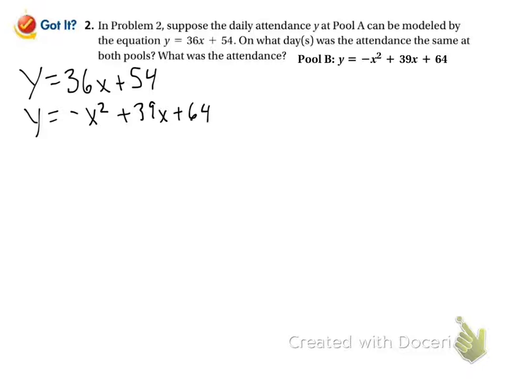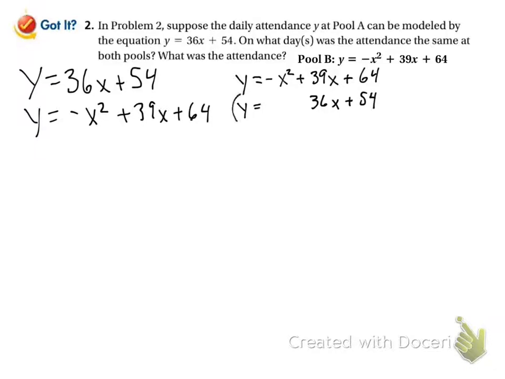There's different advantages for which one you put on top, and I'll try to explain those. So y equals, I'm going to first try putting the one with the x squared up top. So negative x squared plus 39x plus 64. And then beneath it, I don't have an x squared, so I don't write anything there. I've got 36x plus 54.